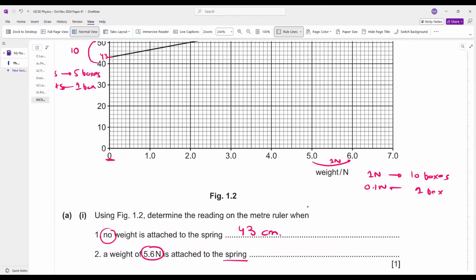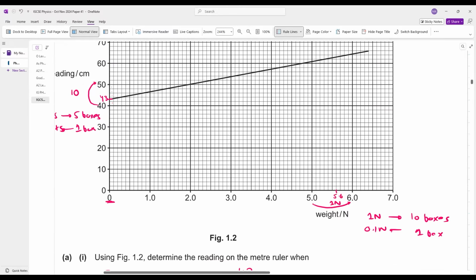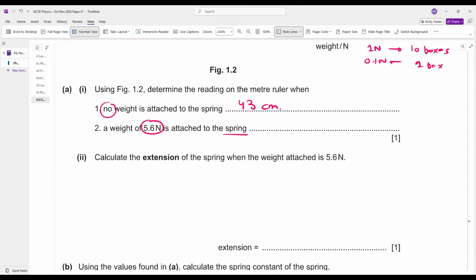One box represents 0.1 Newtons. This will be 5.6 Newton. Here, what will be the reading on the meter rule? This is 63 centimeters. So when you attached a weight of 5.6 Newton, the reading on the meter rule became 63 centimeters.